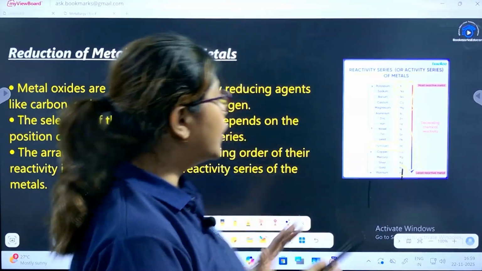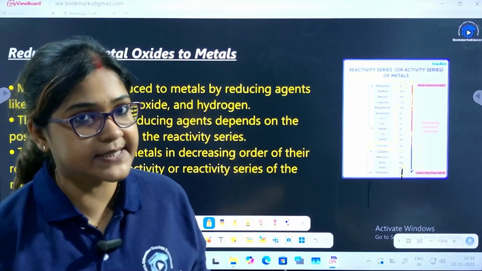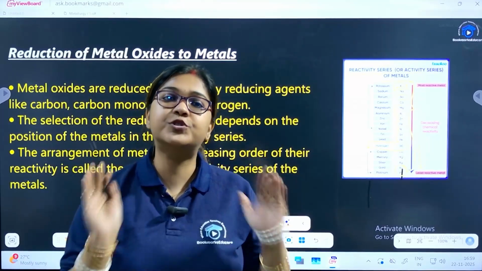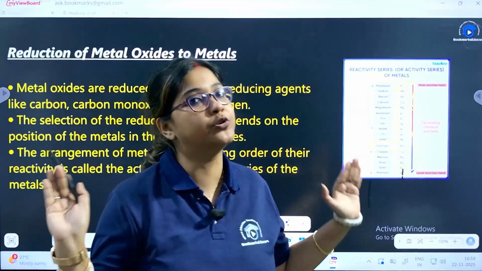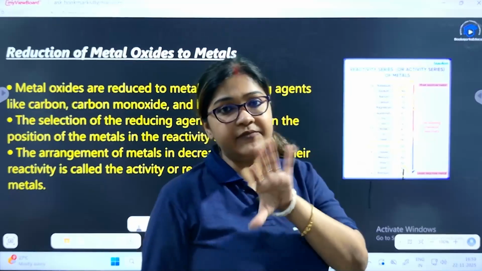So depending on the position of the metal in the reactivity series, you have to choose which reducing agent you want to use.